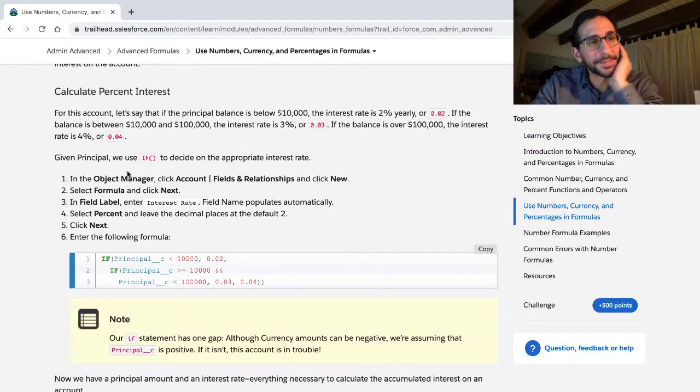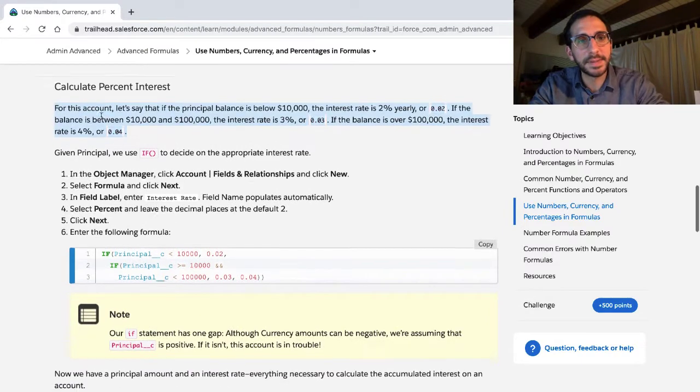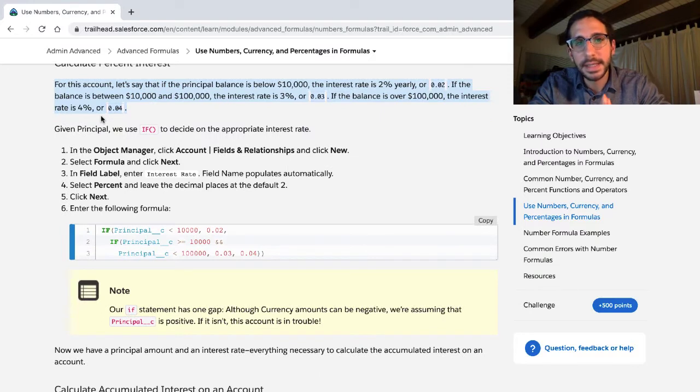Oh boy. Calculate percent interest. For this account, let's say the principal balance is below 10,000. The interest rate is 2% yearly or 0.02. If the balance is between 10 and 100,000, the interest rate is 3% or 0.03. If the balance is over 100,000, the interest rate is 4% or 0.04.